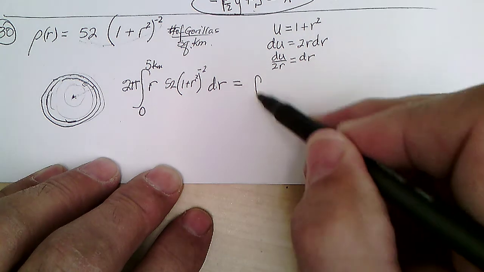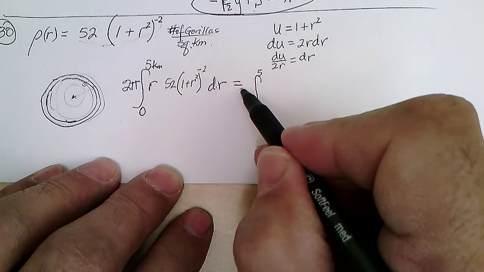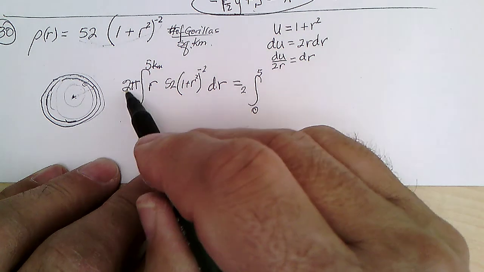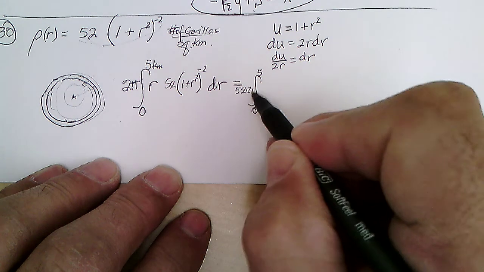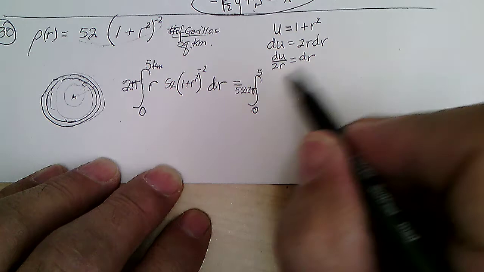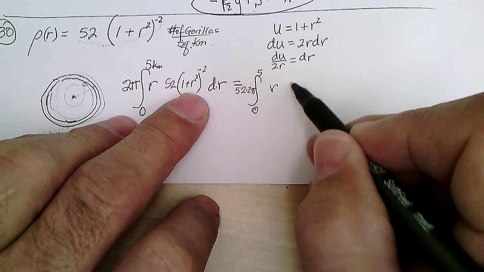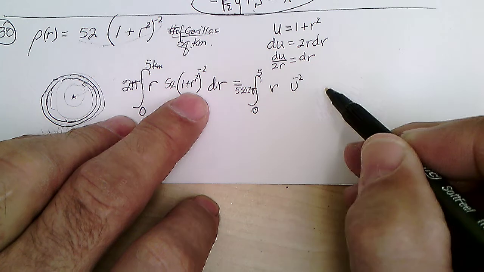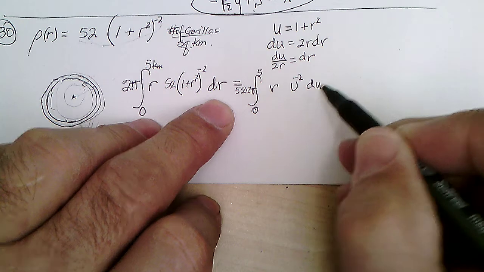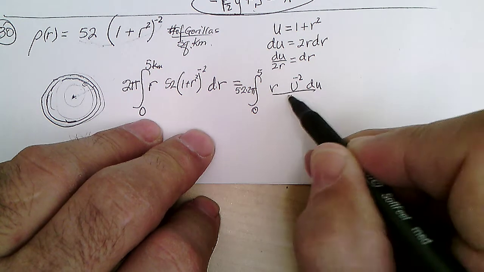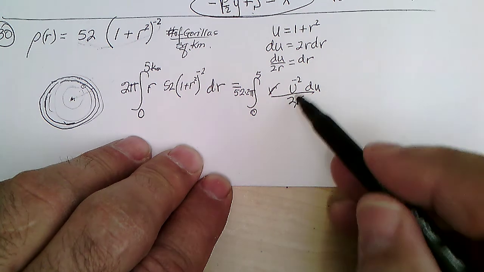So this becomes the integral from 0 to 5 kilometers of 52 times 2 pi times r times u to the negative 2 dr, which is du over 2r. The r's cancel, and now I have a simple integral.